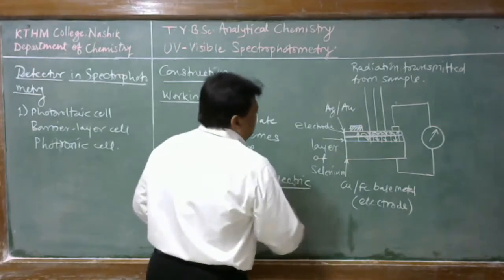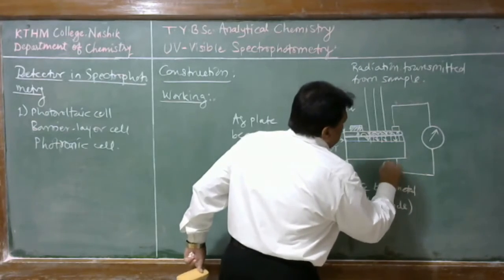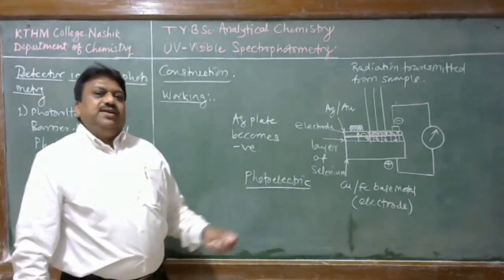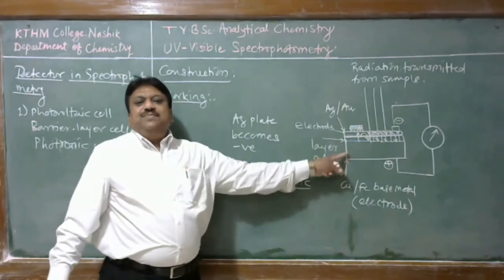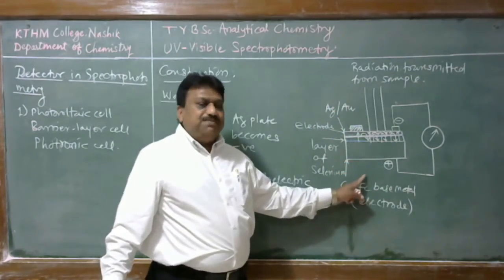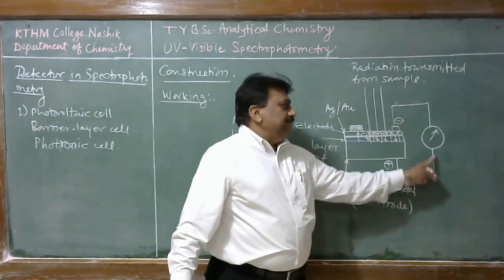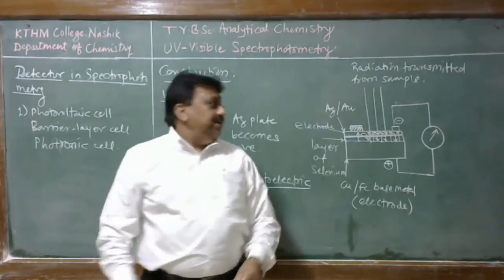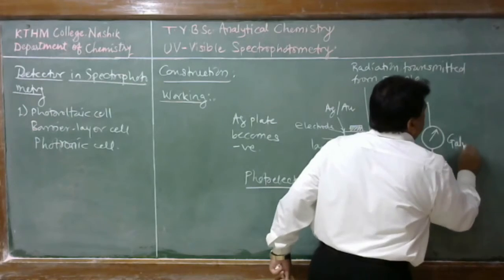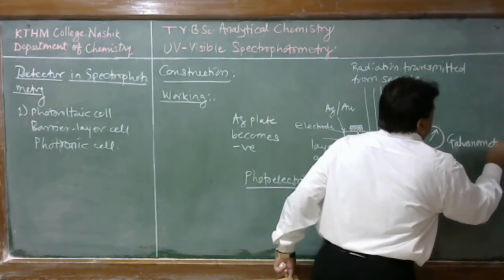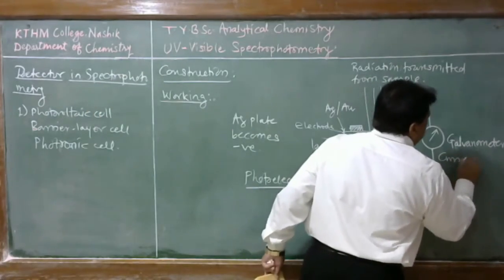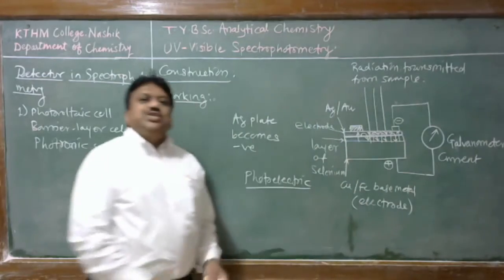Therefore, base metal becomes electrically positive, and the silver plate becomes electrically negative. Therefore, there is a development of potential difference between the two plates, that is the silver plate and the iron plate, and this potential difference is recorded by an external circuit containing galvanometer. Therefore, galvanometer measures the current because of the potential difference generated between these two plates.